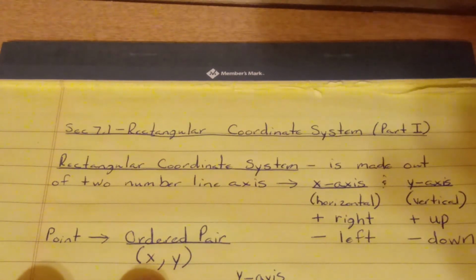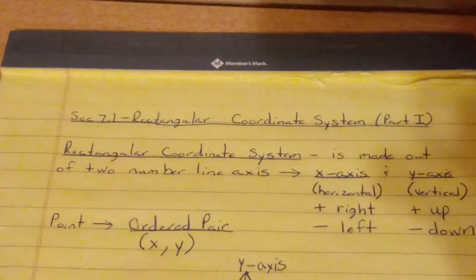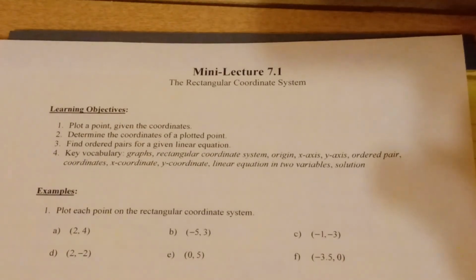So let's go ahead and take a look at an example here. Once again, this is referring to your worksheet 7.1. If you haven't taken a look at that, we're going to plot these points into a coordinate system. You have something very similar on MyMathLab. It's quite easy.